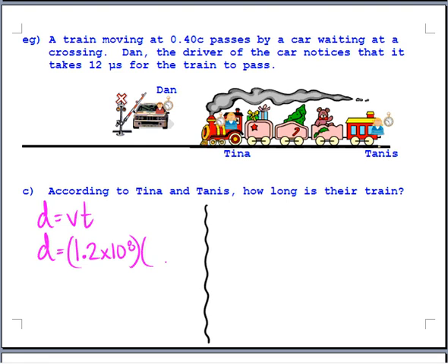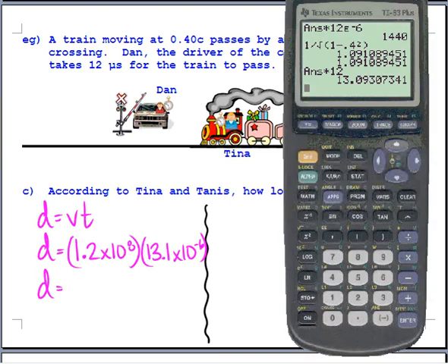And then we just found the time according to Tina and Tanis. It was 13.1 microseconds. So if we multiply those two things in our calculator, 13.1 times 10 to the negative 6 times 1.2 times 10 to the 8.